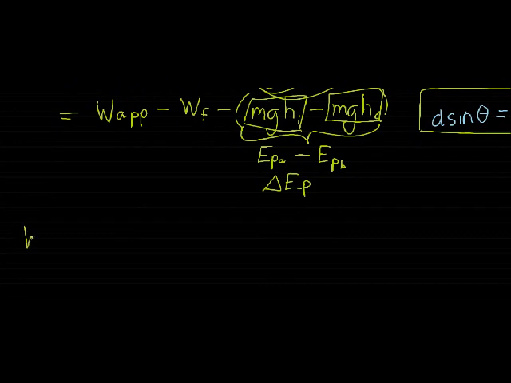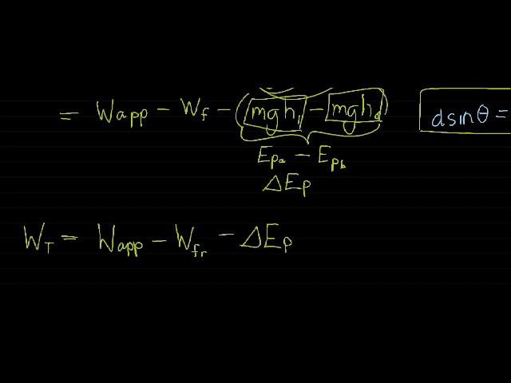That makes the total work being done equal to the work of the applied force minus the work of friction minus the change in potential energy. And we know that the total work done will be equal to the change in kinetic energy.